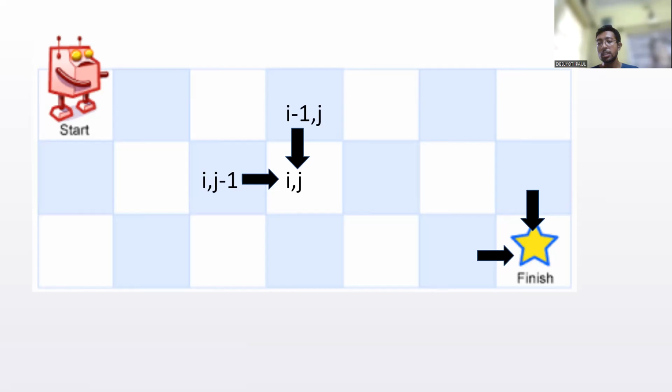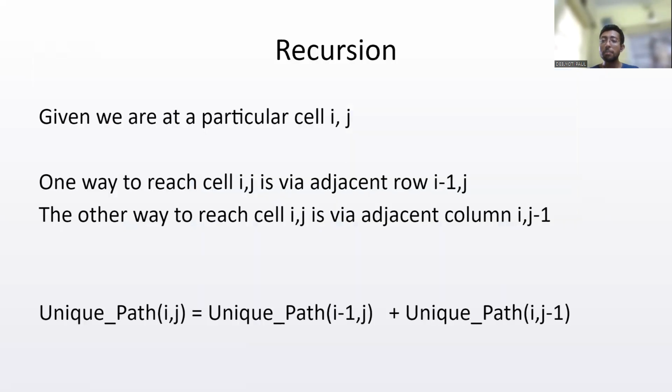So for any particular cell (i, j), if we know the number of unique paths to reach (i-1, j) and the number of unique paths to reach (i, j-1), we can easily compute the number of unique paths to (i, j).